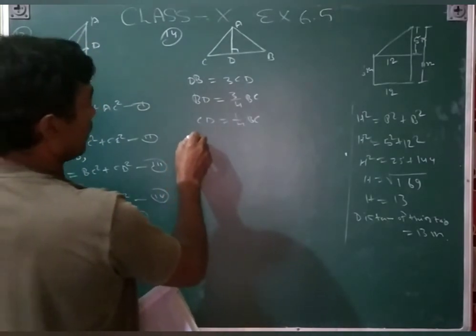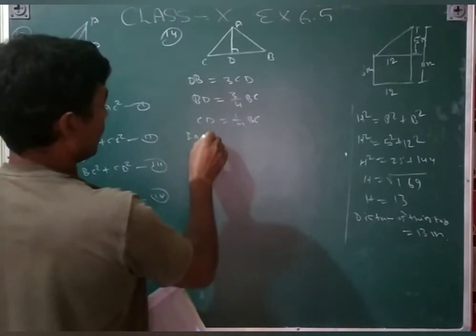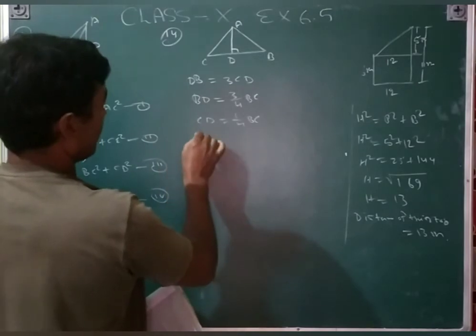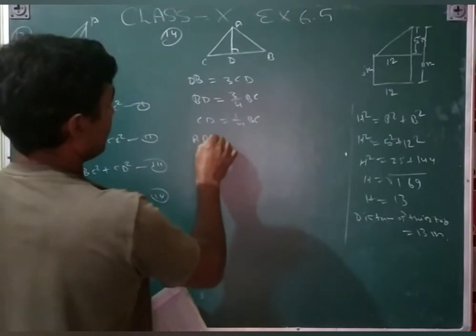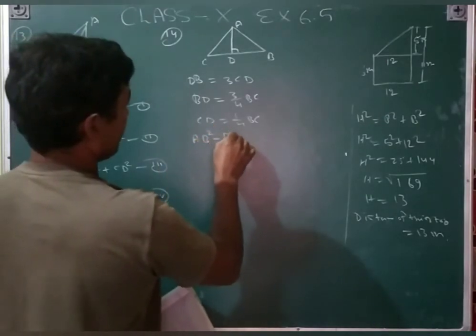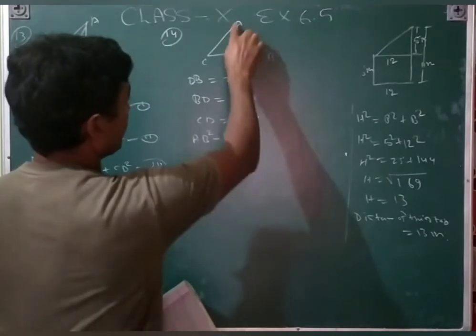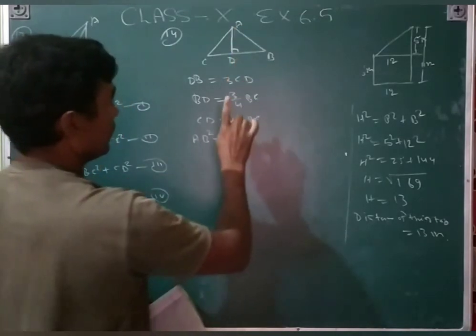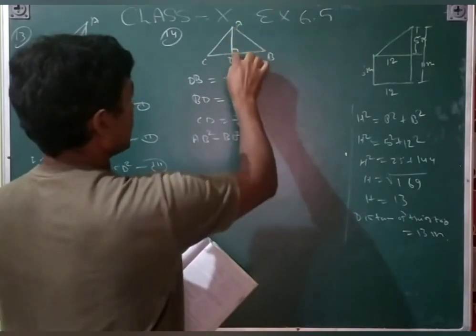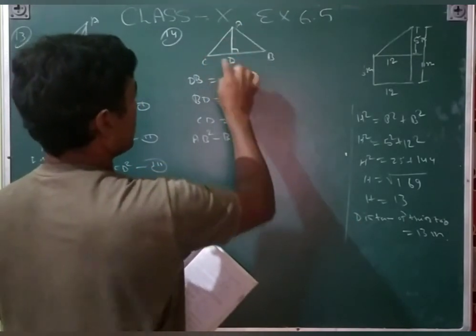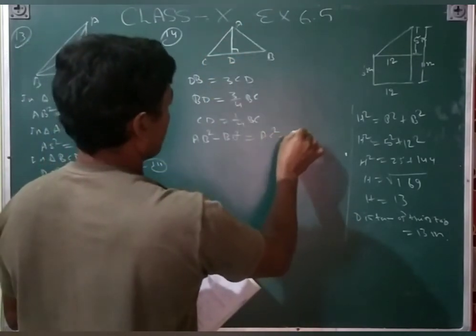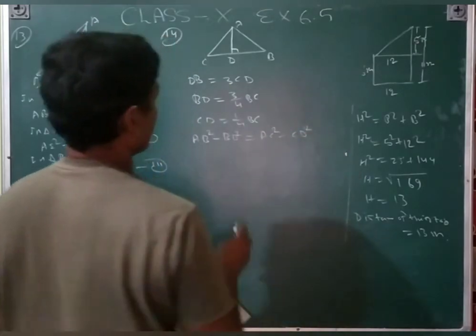Now like this we can say AB square minus BD square is equal to AD square, and AD square is equal to AC square minus CD square.